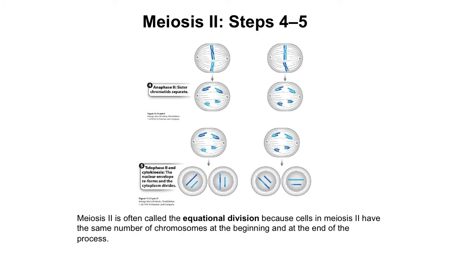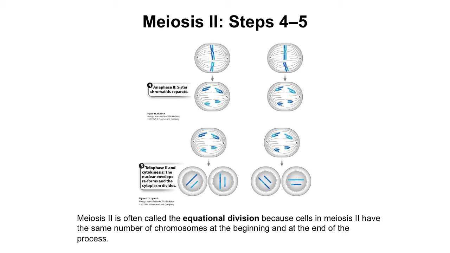Then in anaphase 2, the sister chromatids separate, having their own separate centromeres, because the centromeres also split at this point, again just like in mitosis. And then in telophase 2 and subsequent cytokinesis, the nuclear envelope reforms and the cytoplasm divides.